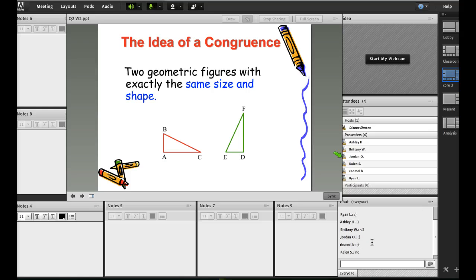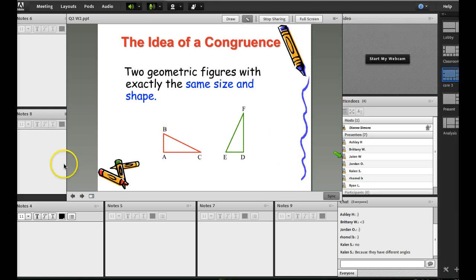Why not? They are not the same shape because there isn't that 90-degree angle. What was the other thing that we were doing in the first week? We were calculating the sides, the ratios, right? So you're going to get a different ratio for each side for a right triangle and an obtuse triangle.